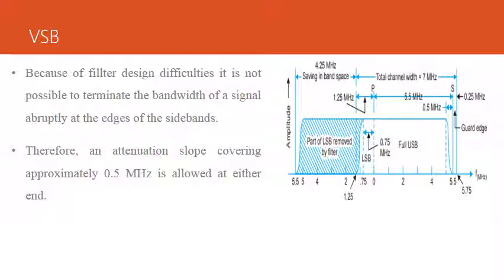Similarly we are able to reduce the signal bandwidth, because in communication we want to make the signal bandwidth as small as possible, then only we are able to transmit more number of signals over a single channel. So here let's conclude these AM modulation techniques. Thank you.